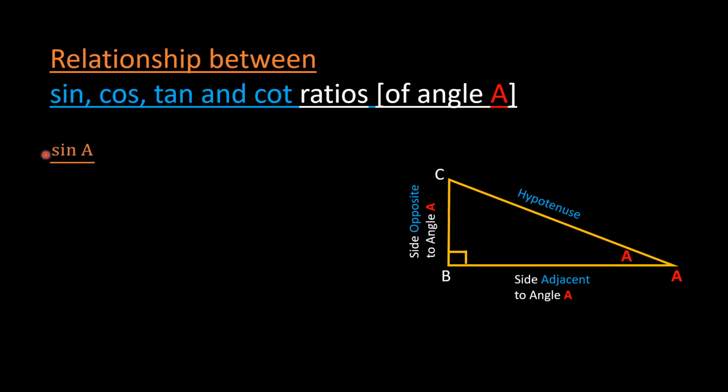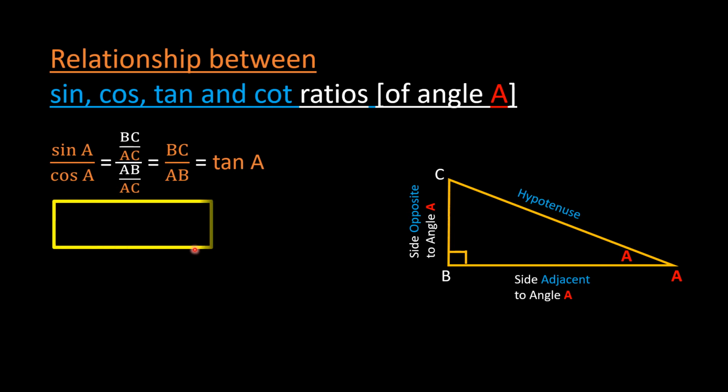We write sine A divided by cos A equals BC divided by AC, which is sine A, divided by AB divided by AC, which is cos A. AC gets cancelled, so we get BC divided by AB, but this is tan A. So we get a relationship tan A equals sine A divided by cos A.